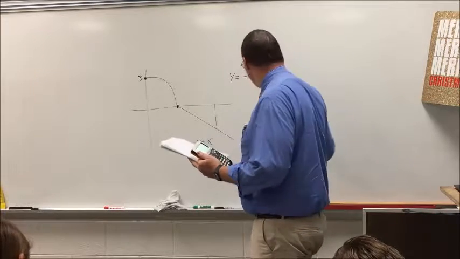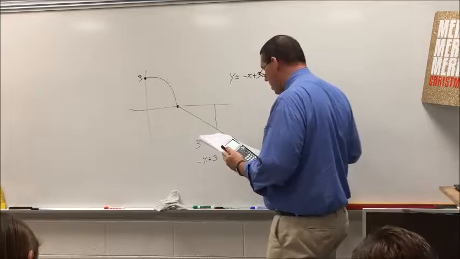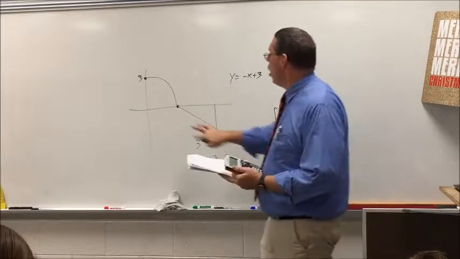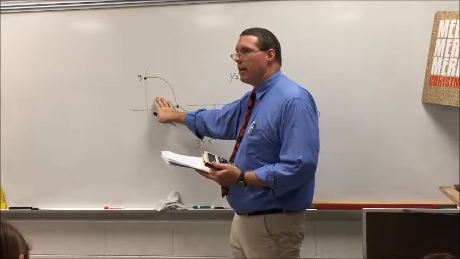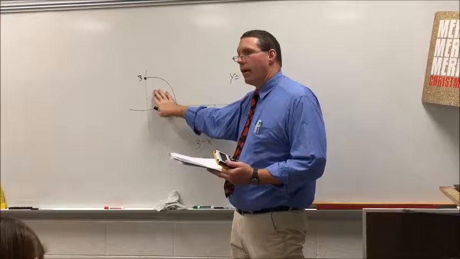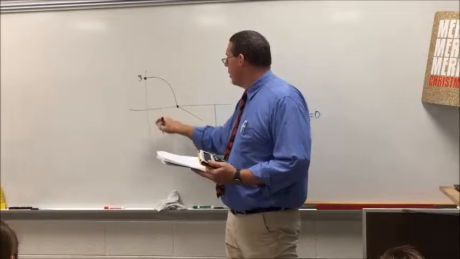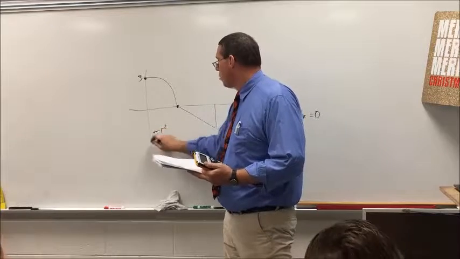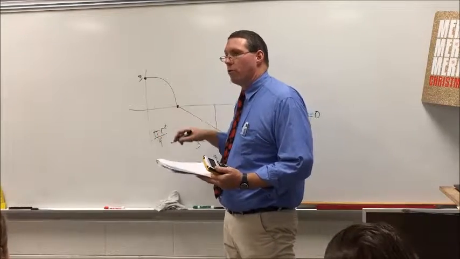It says we want the definite integral from 0 to b of f of x to be 0. So we know that we're going to accumulate positive here, and we have to accumulate negative here that is equal to this area. This area has a radius of 3, so pi r squared, but it's 1/4 of it because it's a quarter circle.